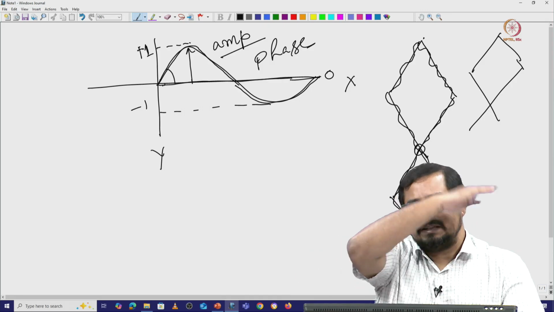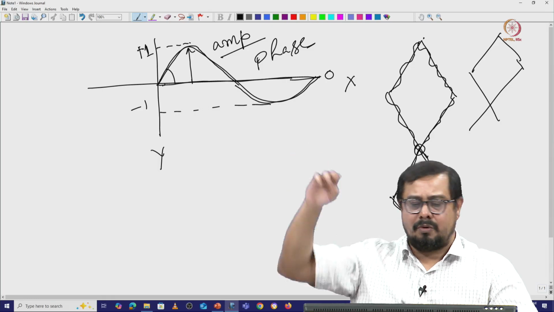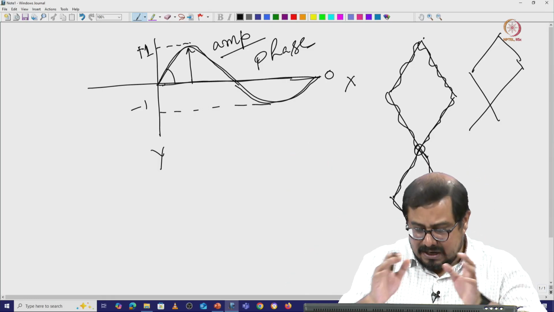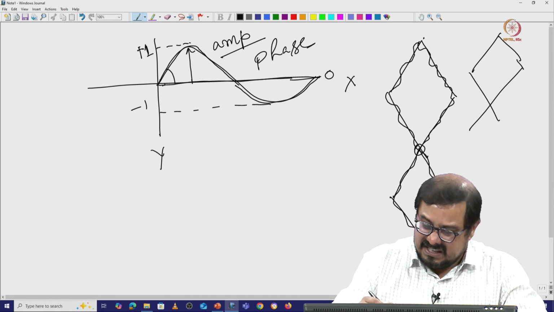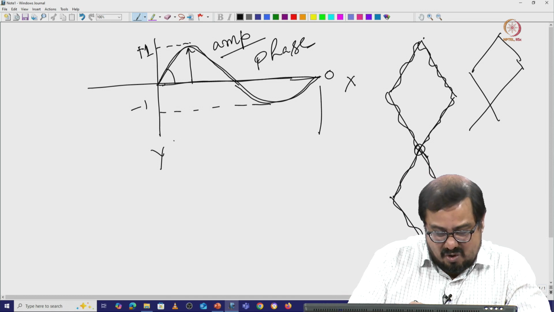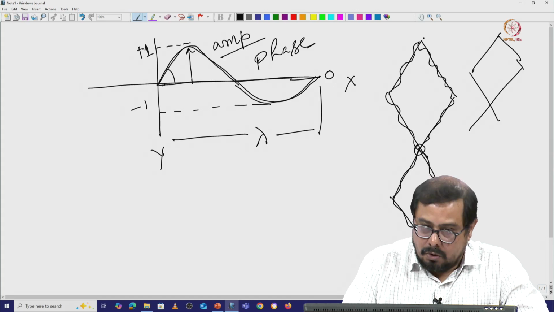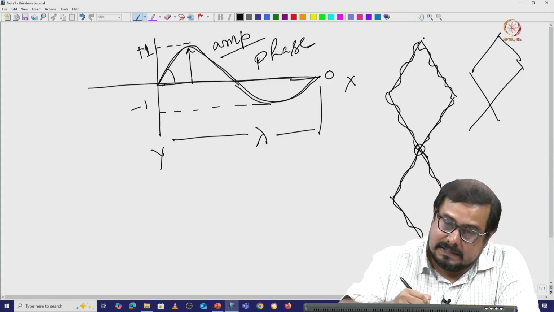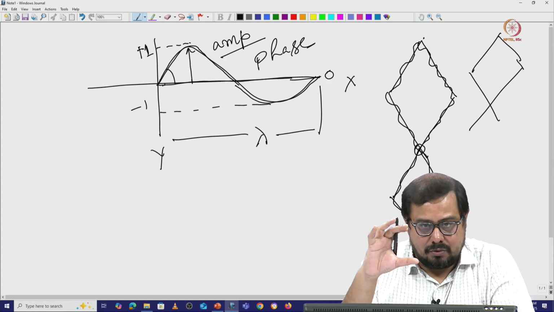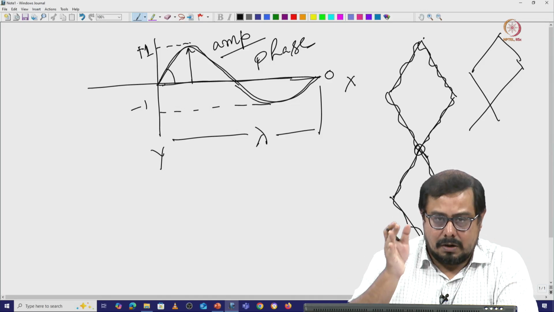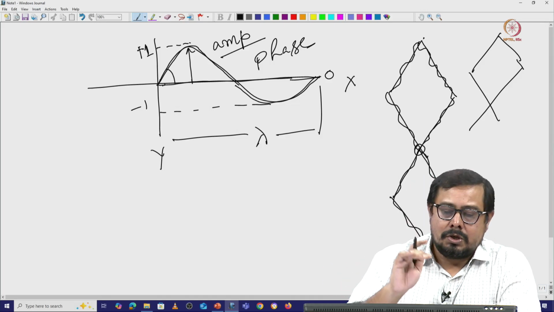So you can see this is an up and down form. Here I just pointed only one wave, this is called 1 lambda or wavelength, okay. And this height is called the amplitude and the angle is called our phase.